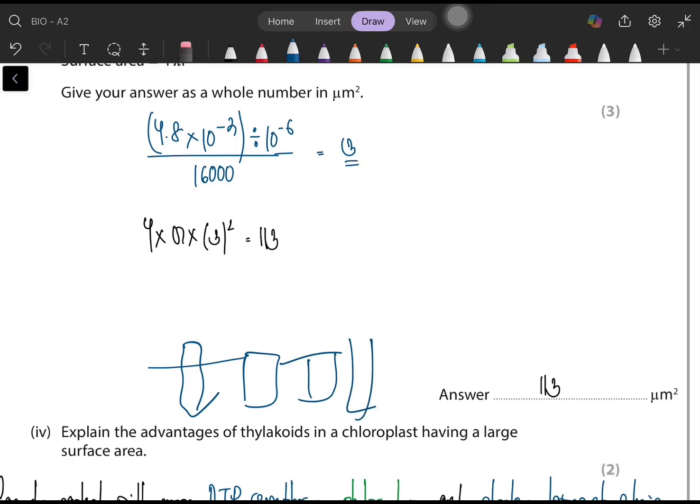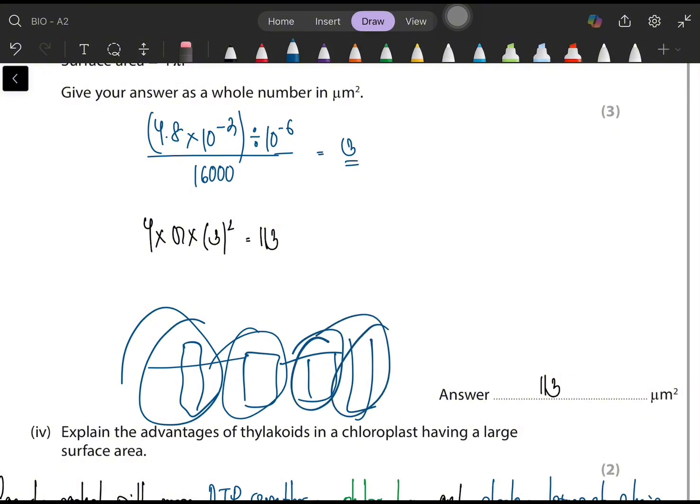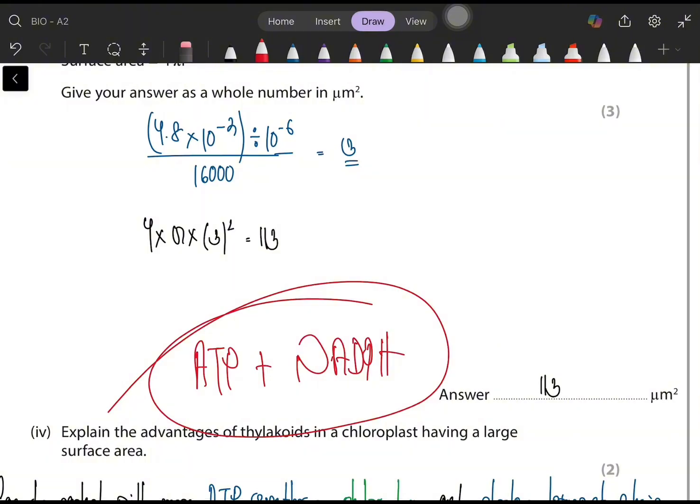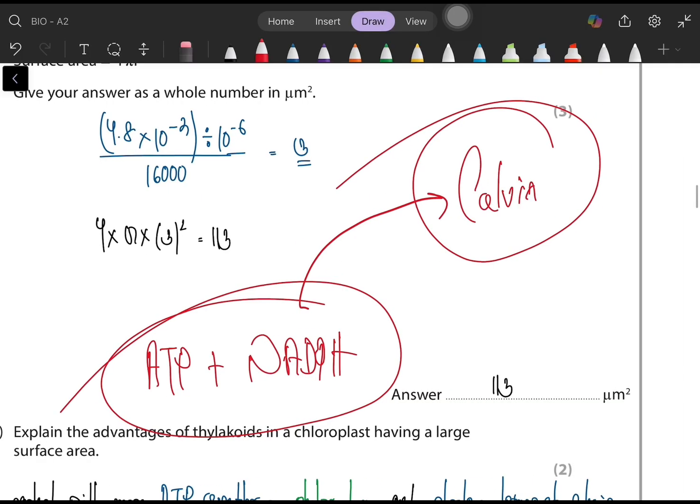So having a large surface area means that more of these structures could be packed inside the thylakoid membrane, and as more of this could be packed, more ATP and reduced NADPH could be formed, and this is then fed into the Calvin cycle, or the light independent reaction, that takes place inside the stroma.